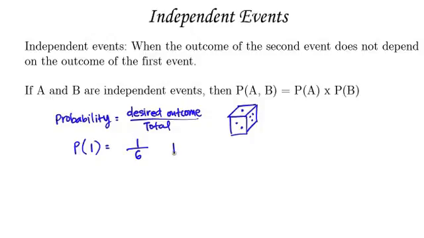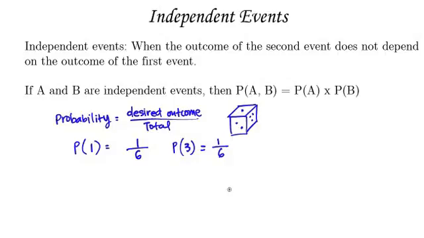Same thing if I said probability of rolling a 3. Be careful, this number is not going to be the number on top. How many sides have a 3? Only one side, so my desired outcome is just 1, over 6 total sides.